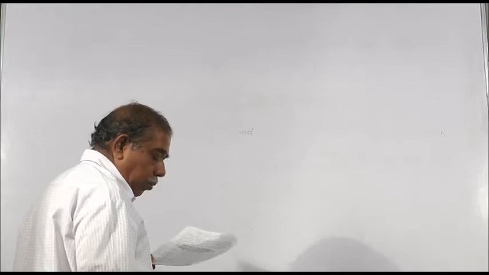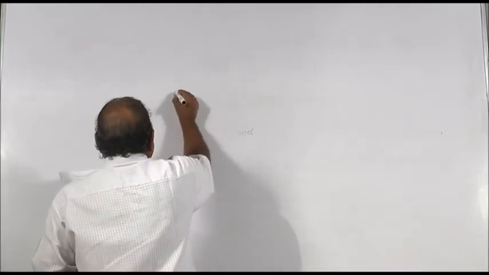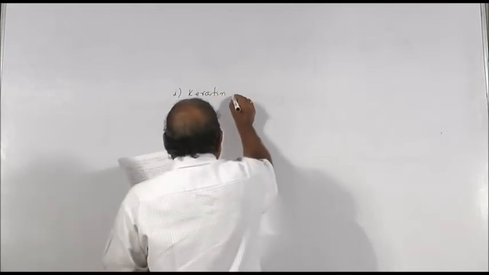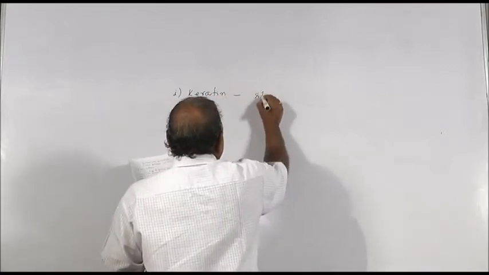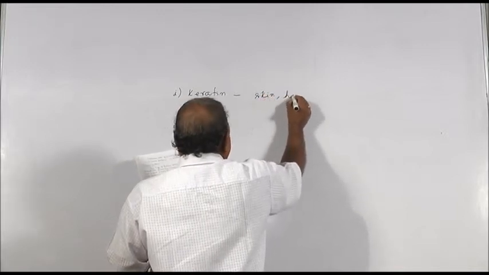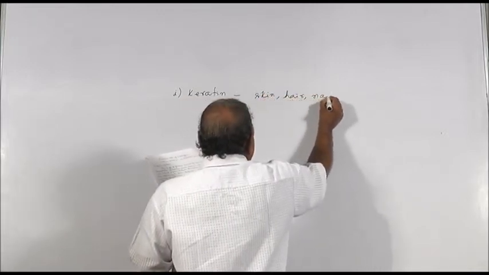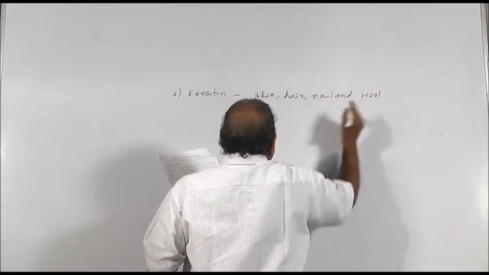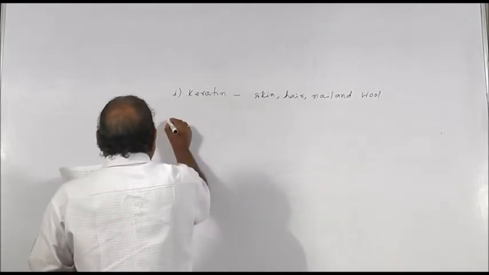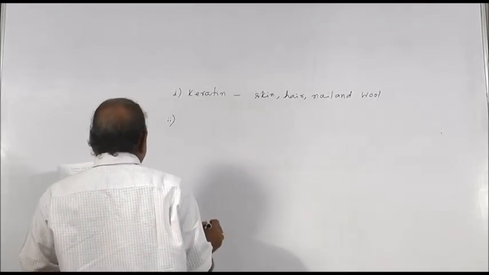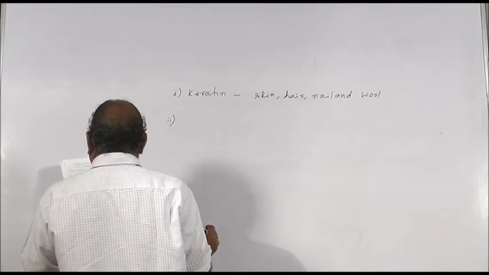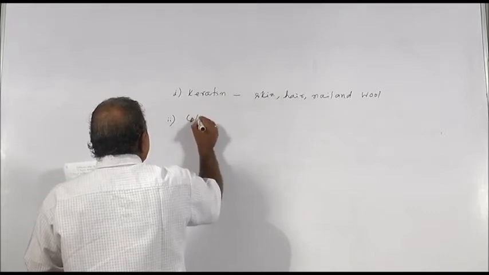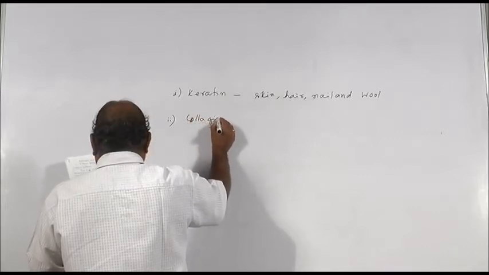Some common examples of fibrous protein are your keratin, this is present in skin, hair, nail and wool. Keratin. The second type of fibrous protein is your collagen.